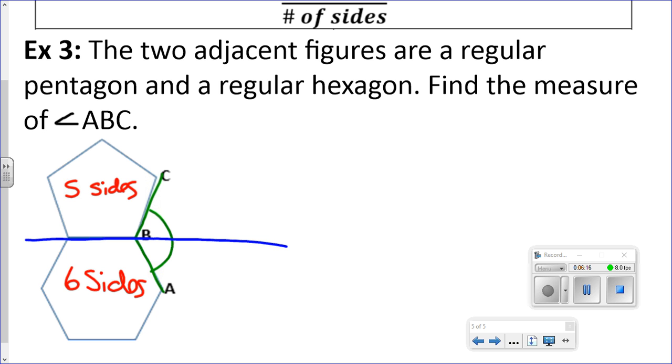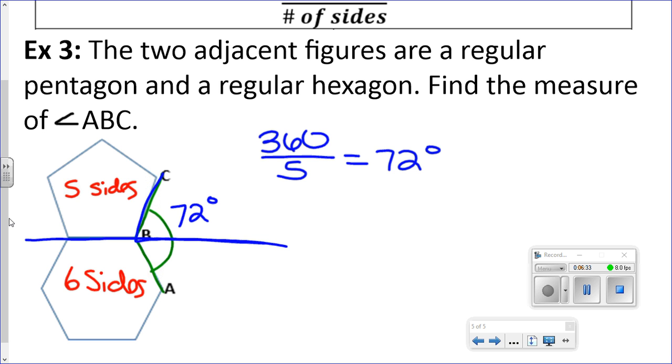So we're going to first find the exterior angle of the pentagon. So that's 360 divided by 5, and that gives us 72 degrees. So this angle here is 72 degrees. That isn't the whole angle, because we still need the other section. So now let's find the other section, which is the exterior angle from the hexagon. So we're going to do 360 divided by 6, because there's 6 sides in a hexagon, and that ends up with 60 degrees.